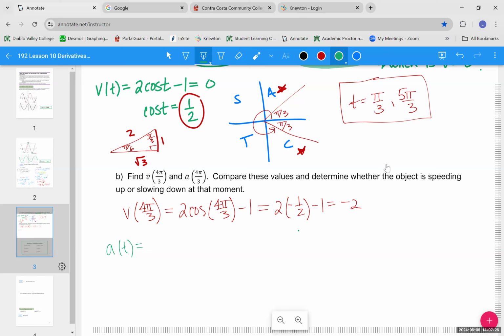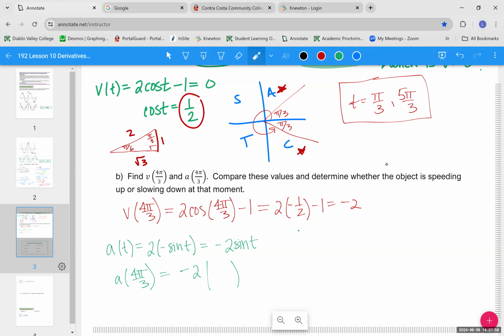I'm going to take the derivative of my velocity. So the derivative of 2 cosine will be negative sine. And then the derivative of 1 is just 0. So this is -2 sine of t. So if I plug in 4π/3, I get -2, and now I need the sine of 4π/3.